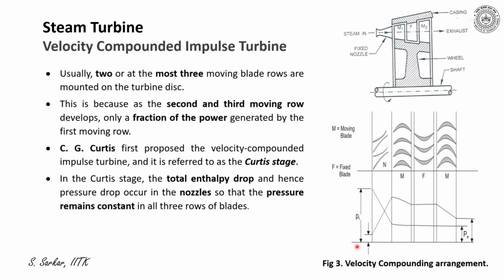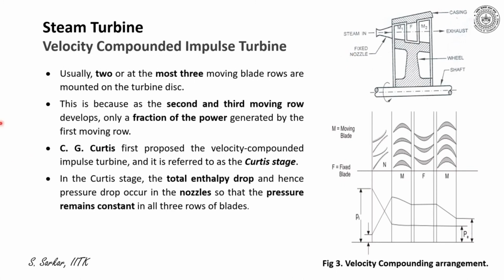Regarding the velocity, the magnitude of velocity increases in the nozzle, then it decreases in the moving blade, then it remains the same in the fixed blade, then again velocity decreases in the following moving blade. So this is the magnitude of exhaust velocity of steam.